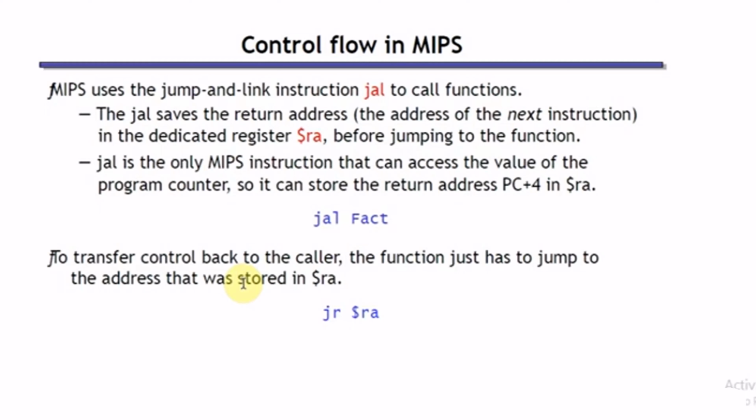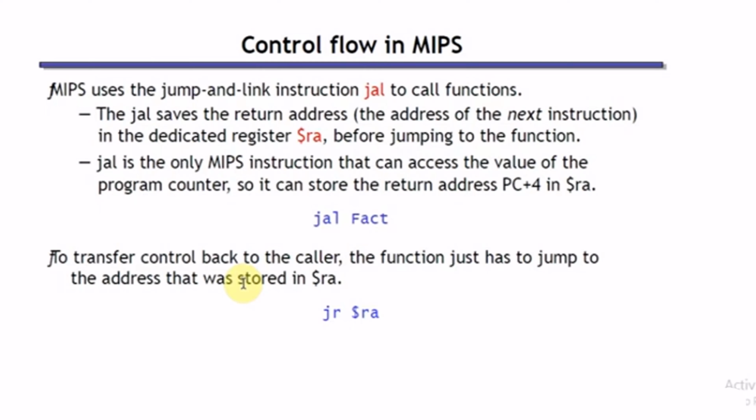So when we execute jump and link, first the return address, which is the content of the program counter plus 4, is stored in the $ra register. Then the program counter is loaded with the start address of the function, and we execute the first instruction of the function.